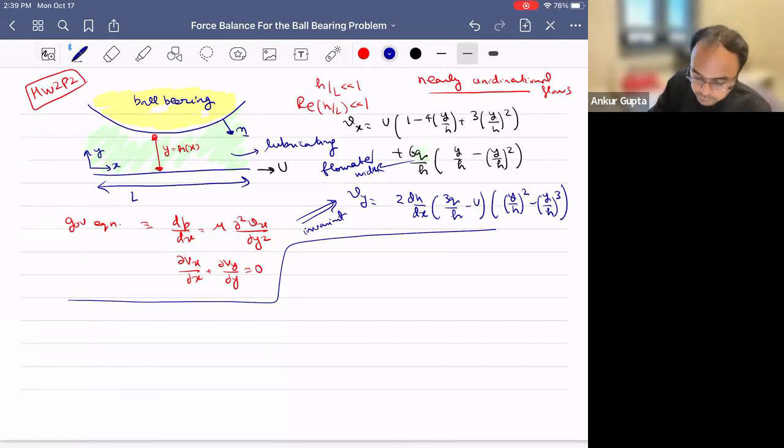All right. So now let's quickly discuss how to think about the force on the ball bearing applied by the fluid, and it's a stress vector. The stress vector is n dot sigma, and we had studied this in class.